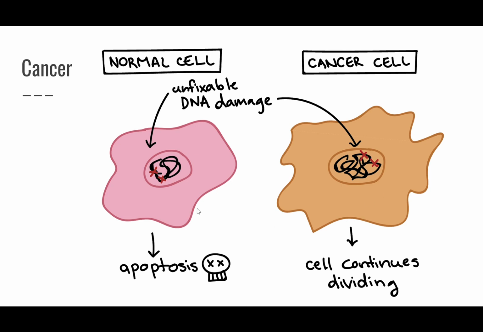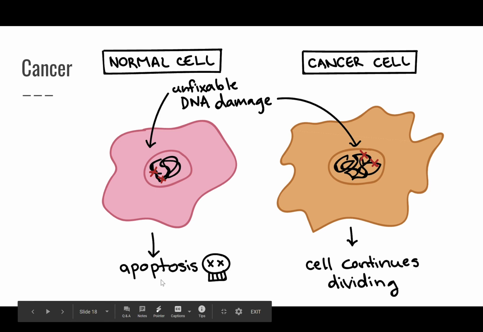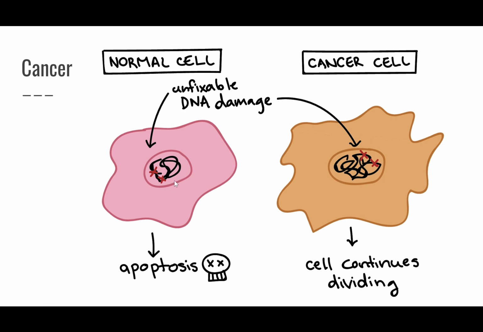Okay, and so I'll just quickly talk about it. But normal cells, if something happens to their DNA, like I mentioned before, they'll usually go through what's called apoptosis, which is programmed cell death, because they want to protect your body from maintaining these mutations, right? They don't want your cells to still have this, so that cell will basically kill itself off, okay?